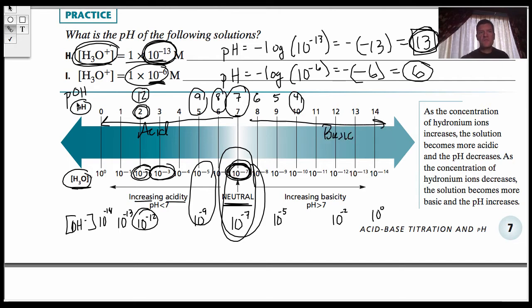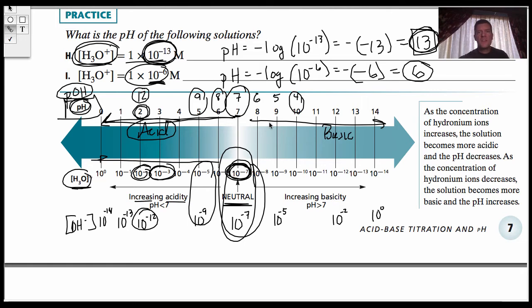Okay? If you get confused looking at pOH and pH together, just focus on pH. When pH is below 7, it is acidic because you have a high concentration of hydronium ions. Remember, it's the negative log. That negative part actually makes the pH go down when the concentration goes up.